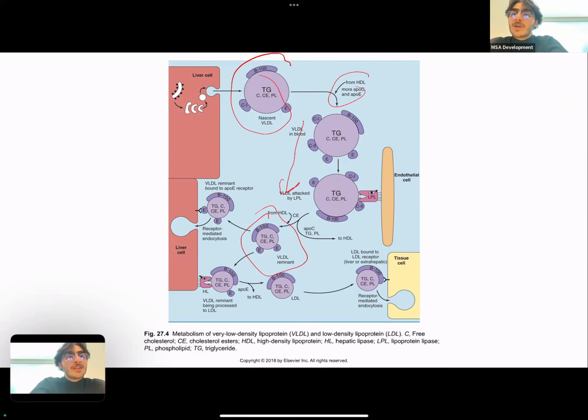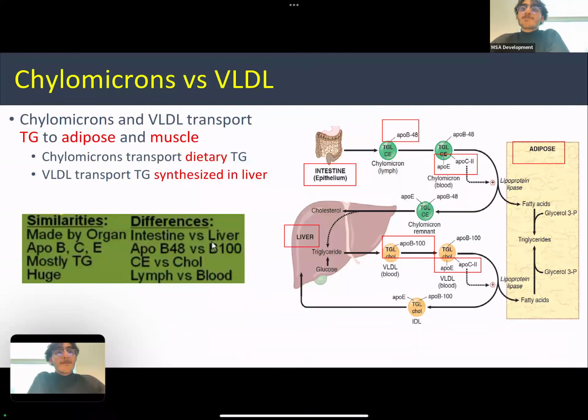Now, the VLDL remnant either would go back to the liver cell and be endocytosed, or it would go back to the liver and be processed again by the hepatic lipase to become LDL. Okay, and then this LDL would drop off cholesterol, and of course high LDLs would cause atherosclerosis and all of these things.